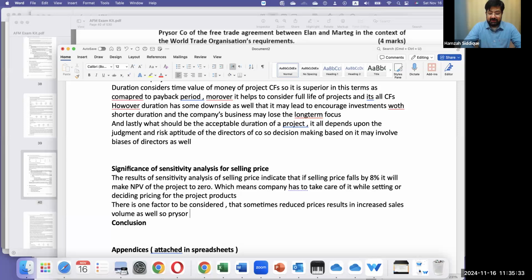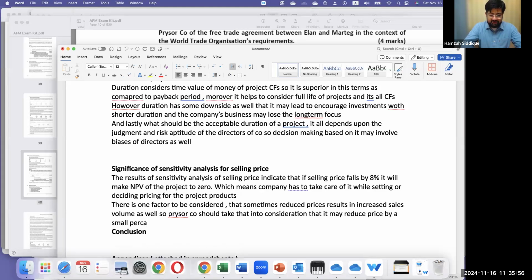So Prysor company should take that into consideration, that it may reduce price by a small percentage, for example, by 3%, to increase sale by 10%, assuming.